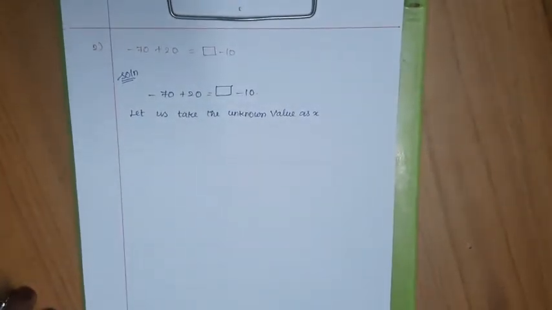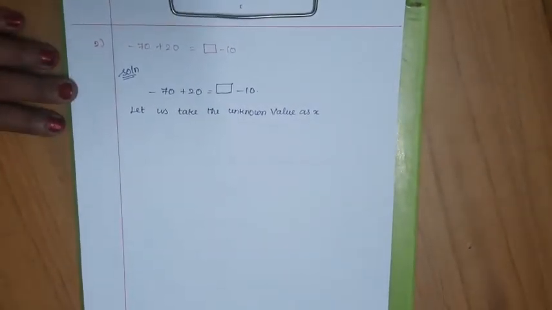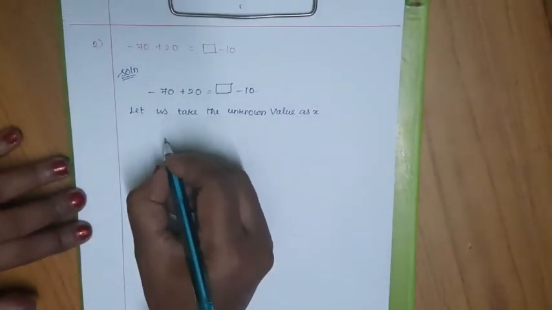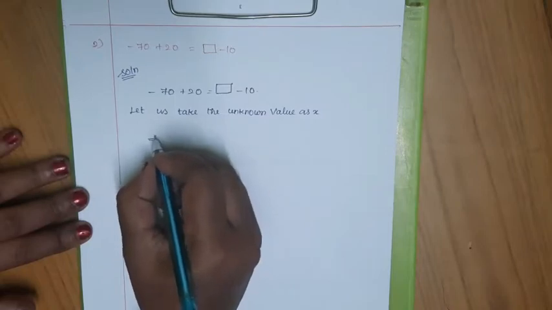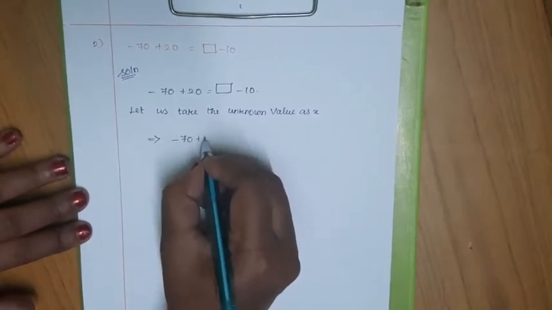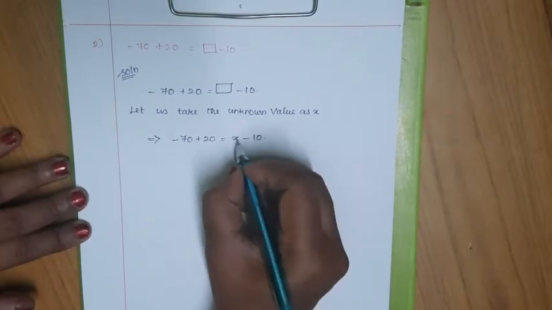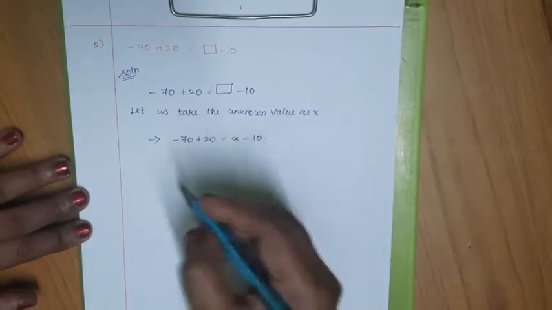So the given statement becomes minus 70 plus 20 is equal to x minus 10, since we are taking the unknown number as x.